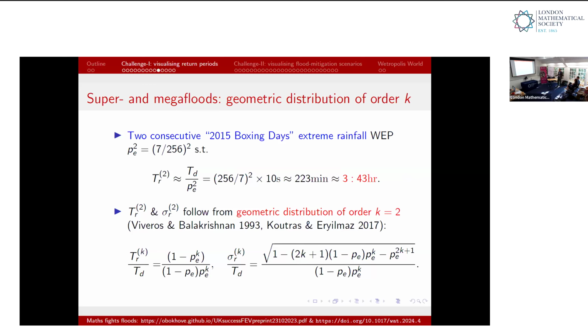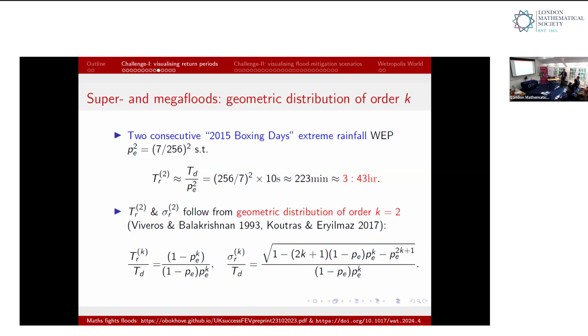Now, you would think that it's 1 over PE squared. But it turns out it follows a geometric distribution of order K, and our K is 2. I was surprised, this is rather late. I thought it would be around 1900, right? The return period scales like 1 over PE to the K, but there are some prefactors; for this small value you can ignore them.